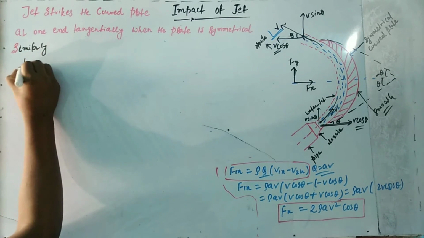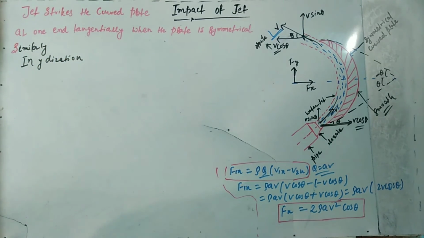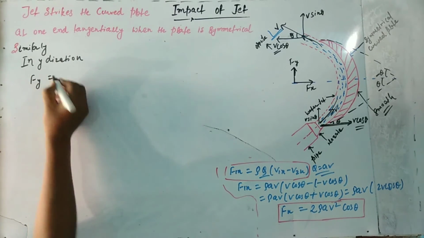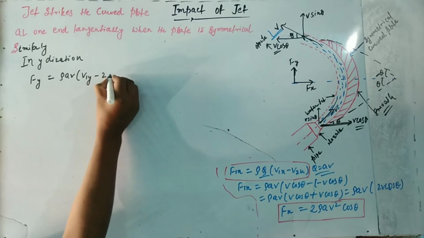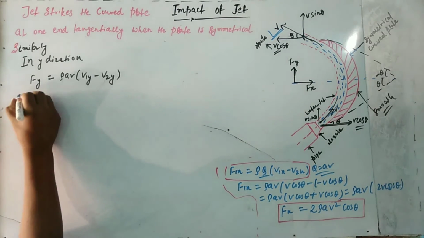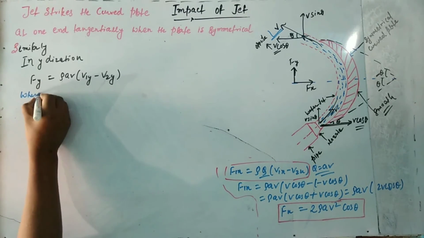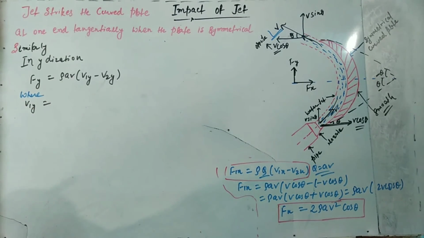Similarly in y direction, Fy is equals to mass per second into v1y minus v2y, that is Fy is equals to rho av into v1y minus v2y. Here v1y equals to initial velocity in the direction of y.